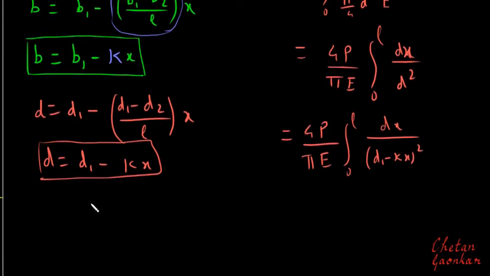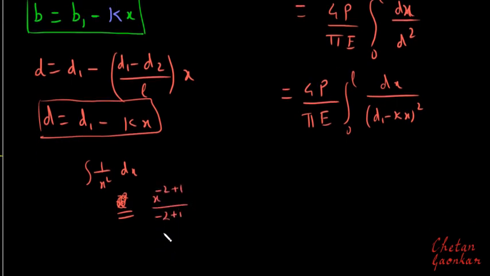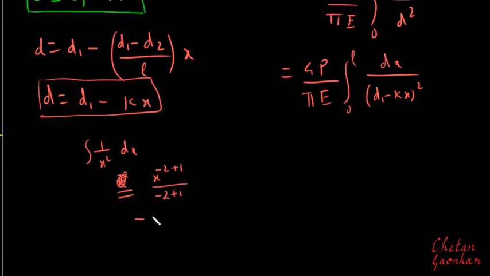The integration of 1 by x square dx is x to the power minus 2, which will become x to the power minus 2 plus 1 divided by minus 2 plus 1. So basically I'll get minus 1 by x.